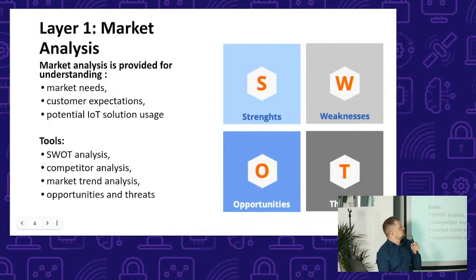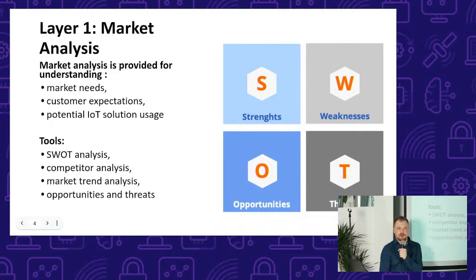The next, the first layer. Okay, we have an idea and we have to understand our condition. We have to think of our future target audience, and there are different tools for how to do it, how to analyze customer expectations.